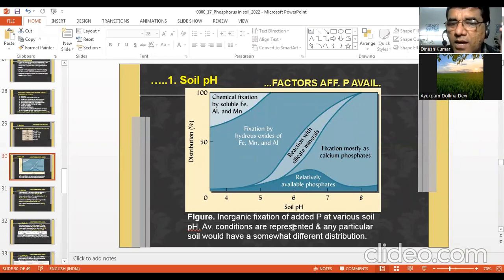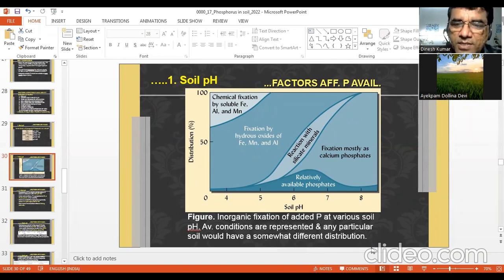These are average conditions, and any particular soil would have a somewhat different distribution. It is just a generalized picture to give some understanding. The exact fixation will vary with the kind of soil, climate and other factors.